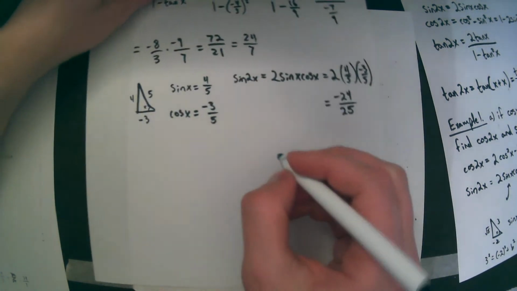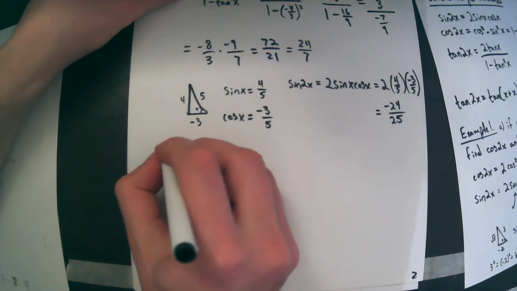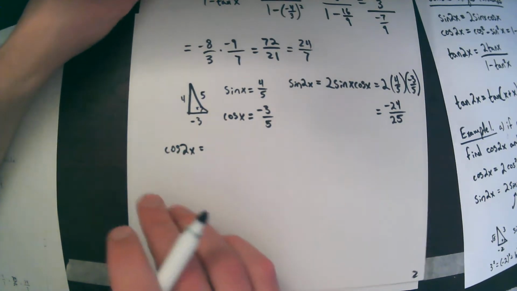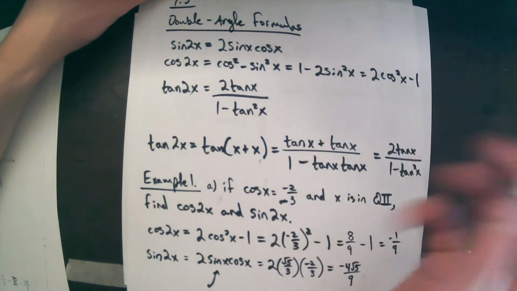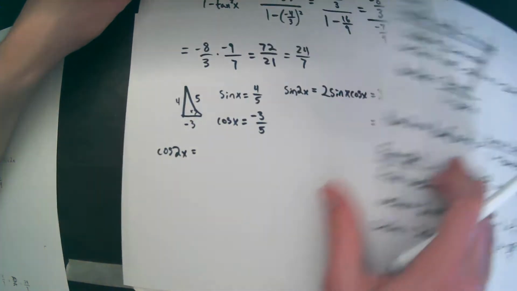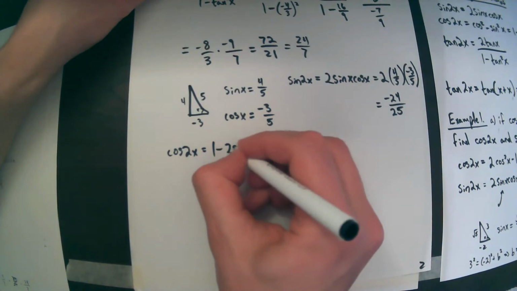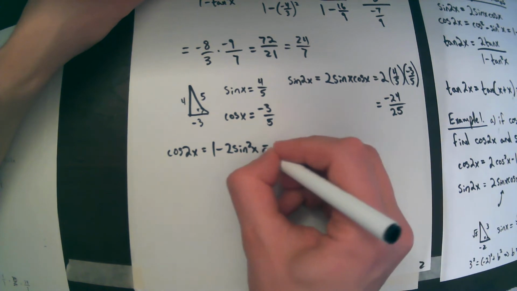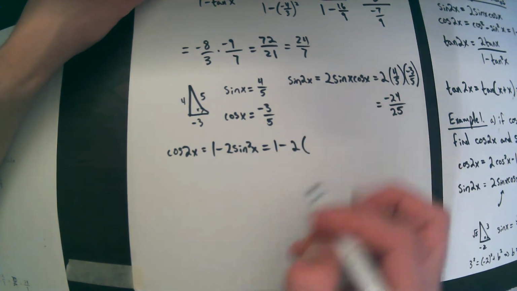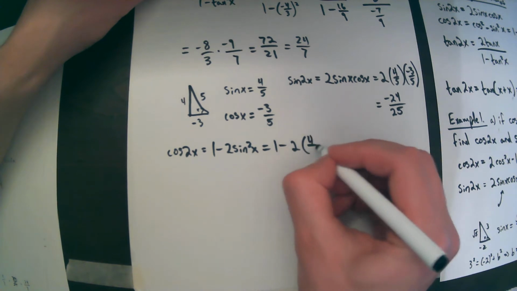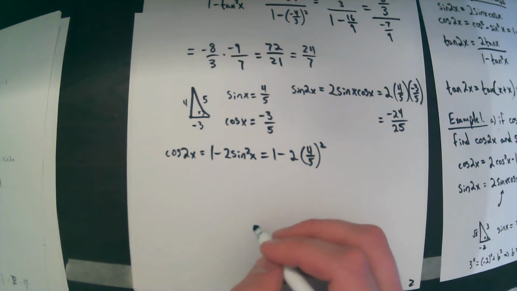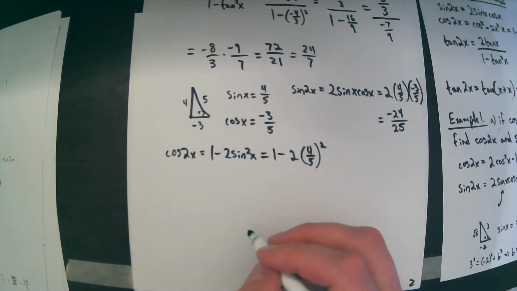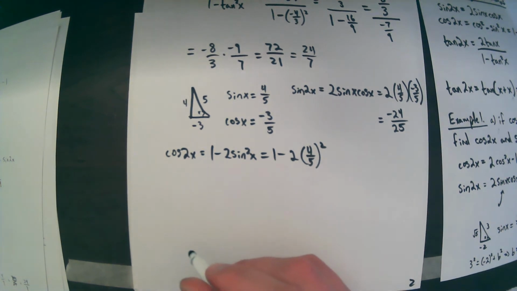And then cosine of 2x. I have some options with cosine of 2x, but I'm just going to keep it easy on myself and do 1 minus 2 sine squared x. So it's 1 minus 2 times 4/5 squared. Did I write these formulas down wrong?